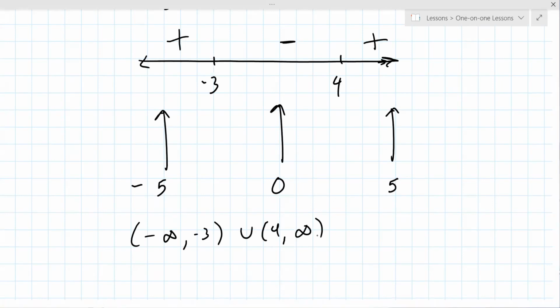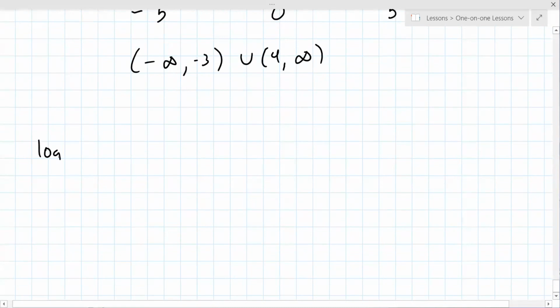All right. On to number 23. Let me check this one. I always have the snip covering the previous one. Okay, so 23, we have log of the absolute value of 3x minus 7.